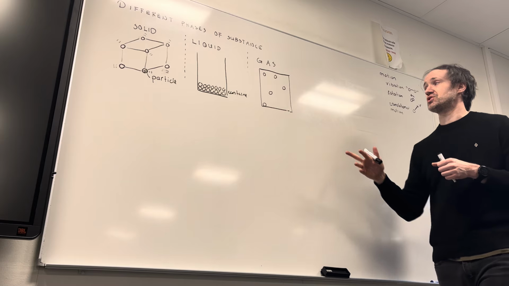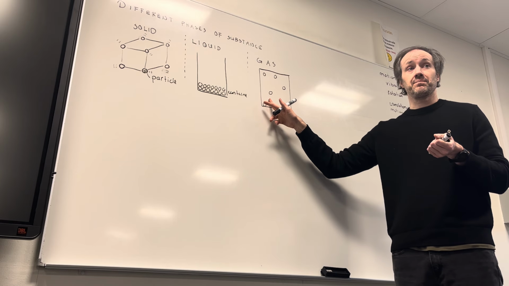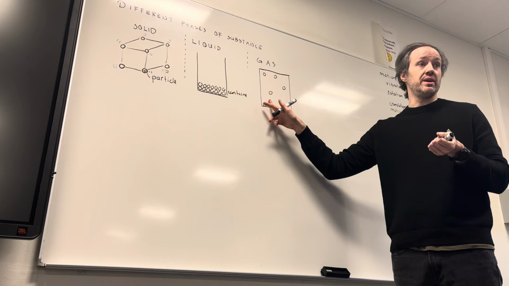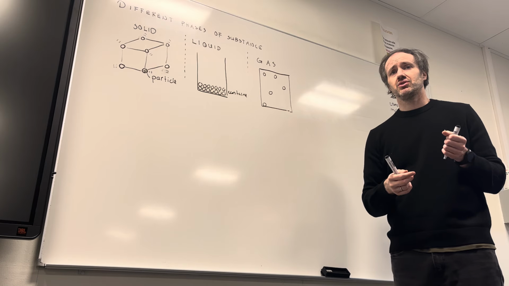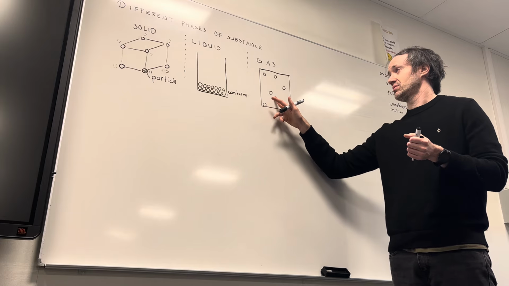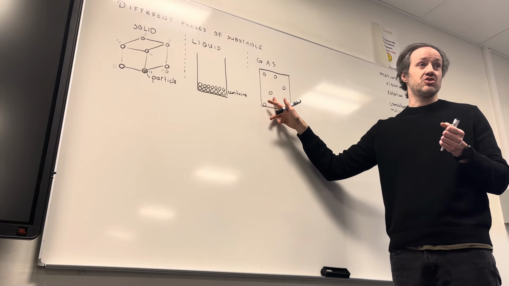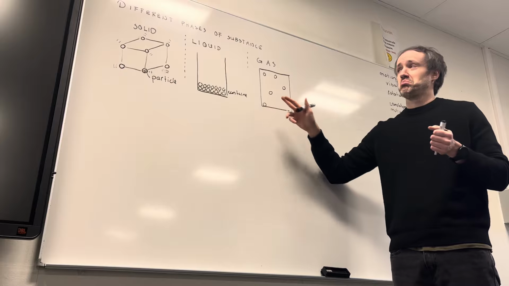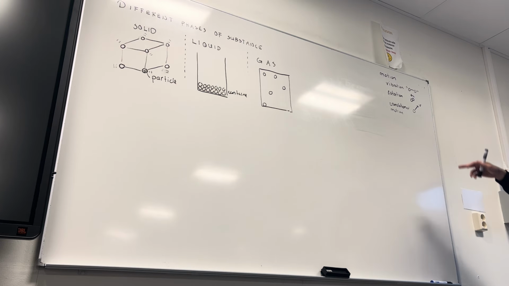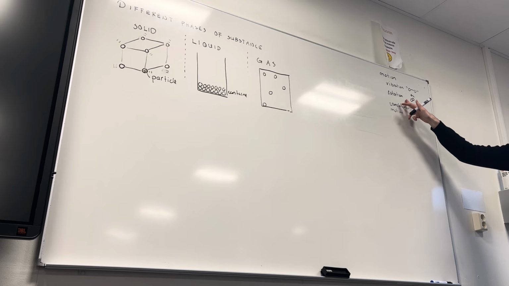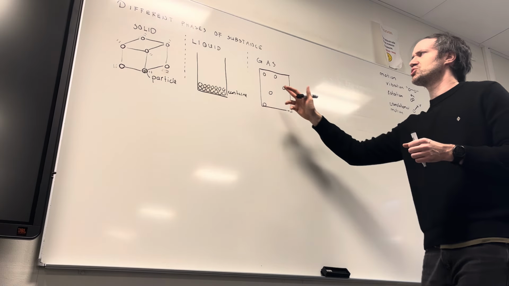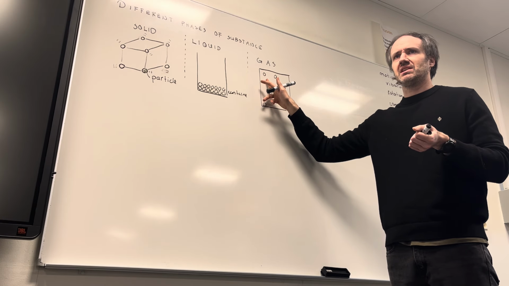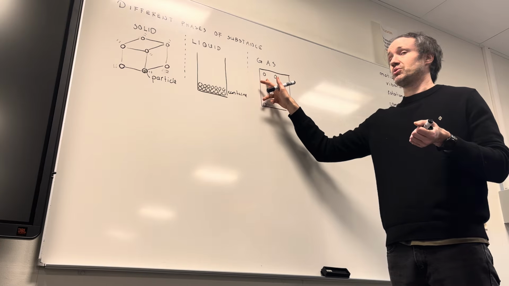So now the forces between the particles are weak because the distance separating them is much greater. And the particles have translational motion. It can have rotational motion if it's a two-atom molecule or a three-atom molecule. Some vibration, but mostly it's translational motion and rotational motion.